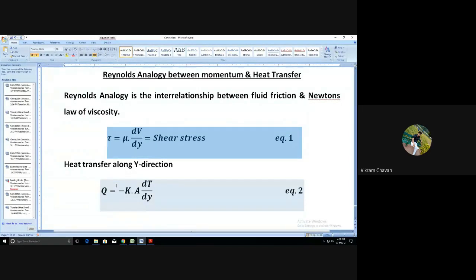So the heat transfer is given as Q is equal to minus K multiplied by A multiplied by dt divided by dy. This is equation number 2.